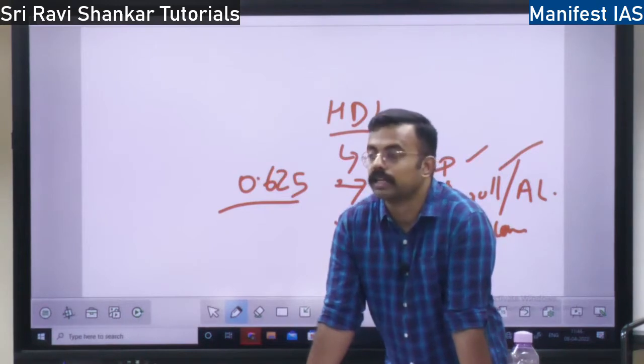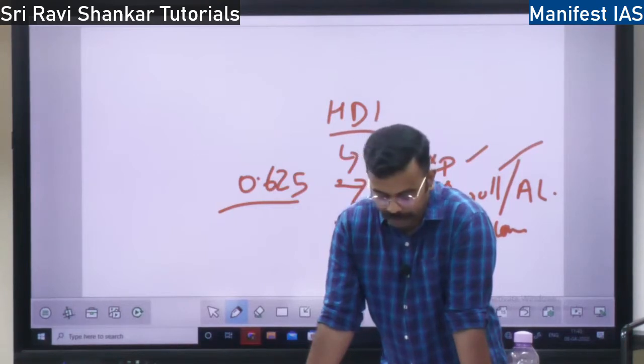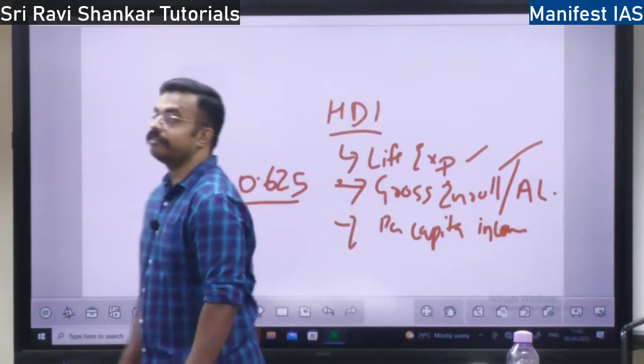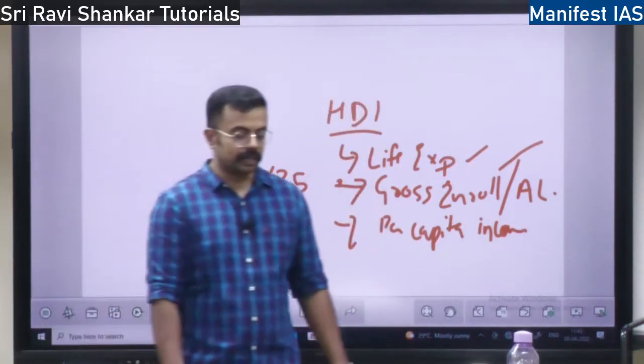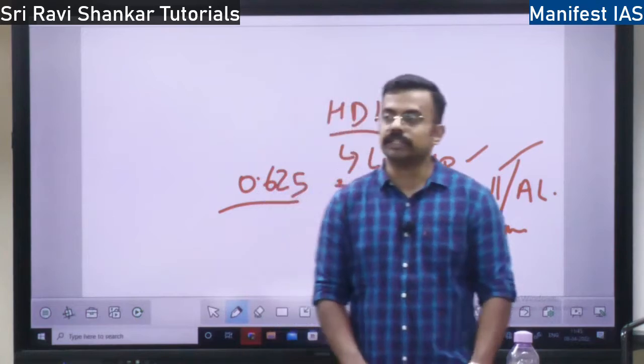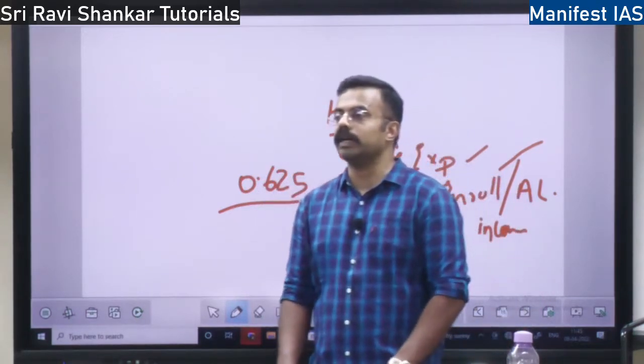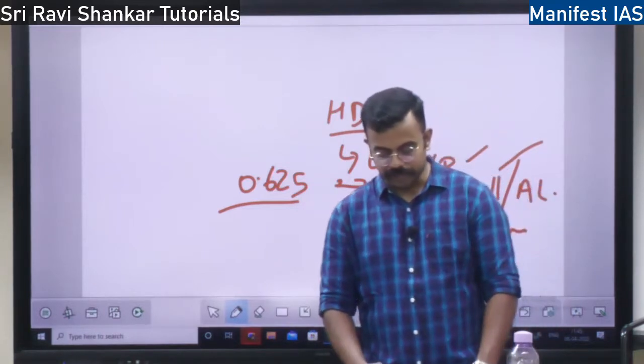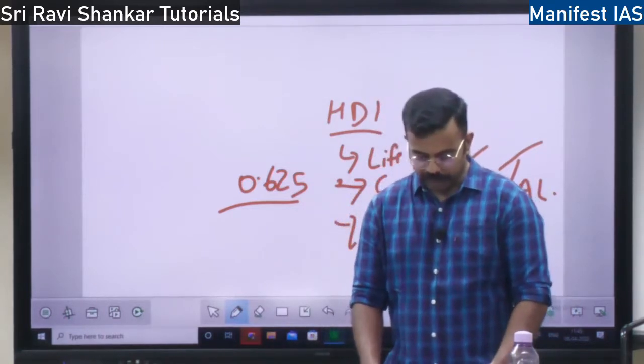That is the number of girl children born compared to boy children. There are some states like Haryana and Punjab where it is less than 850, which is a very bad sign. If 1,000 boys are born, 1,000 girls should be born, but it is comparatively very less, which is a bad sign.